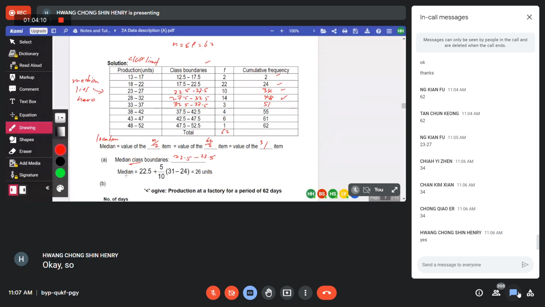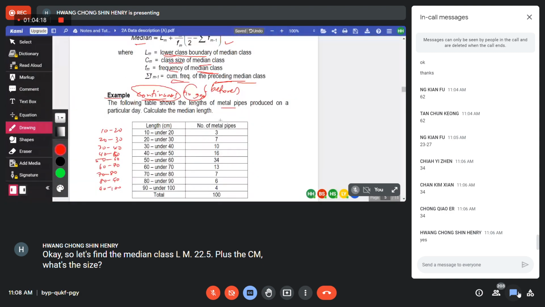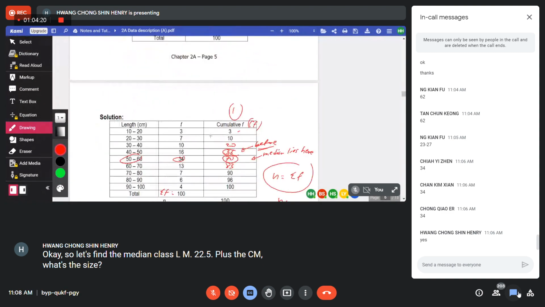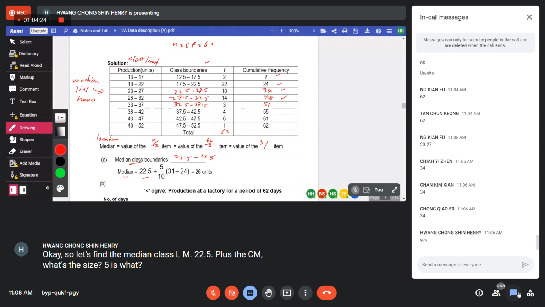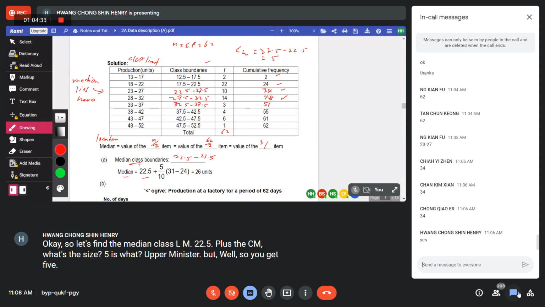Okay, so let's find the median class. LM 22.5 plus the CM. What is the size? The upper minus the lower, so you get 5, divided by FM.